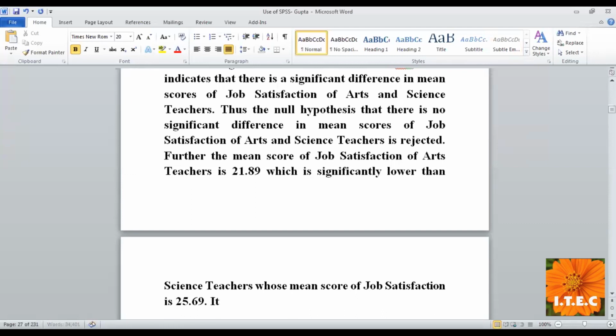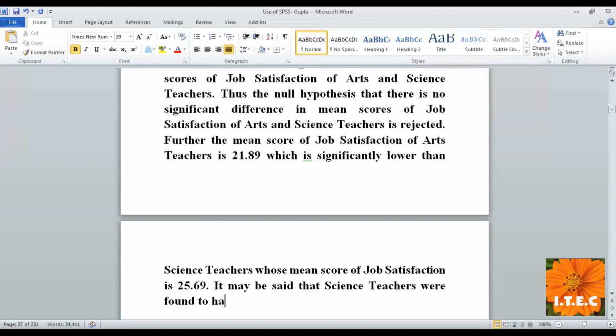Now, it may be said that science teachers were found to have significantly higher job satisfaction as compared to arts teachers.